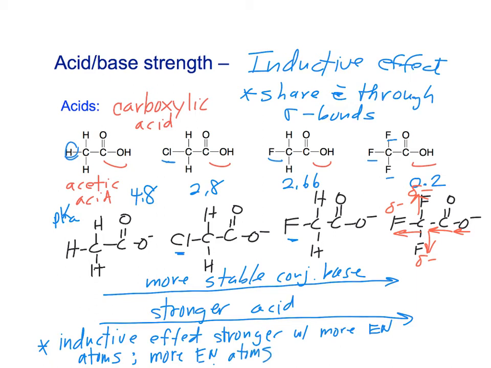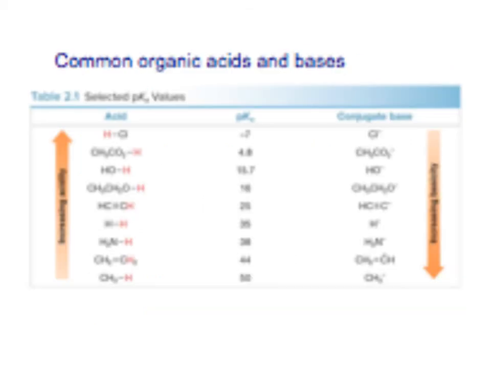If those halogens are moved more bonds away from where the anion is, the inductive effect will also be reduced. Let's look at some common acids and see if we can pick out the trends that we've been talking about already.